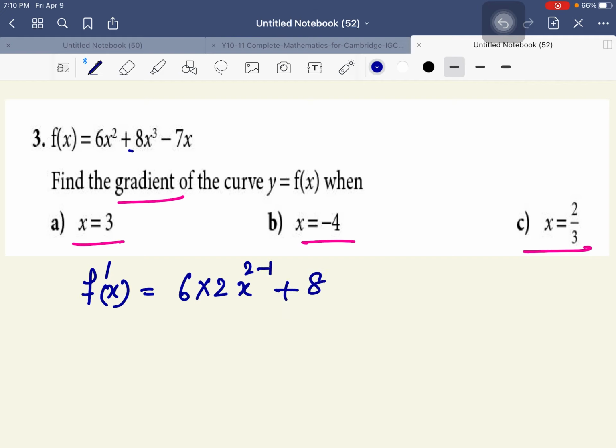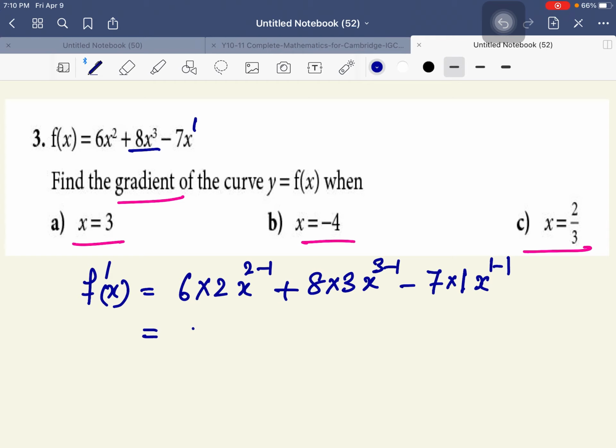Plus 8, the next term's coefficient, x^3. 3 comes in front, power reduced by 1, it is 3 minus 1. Minus 7, x^1. 1 comes in front and the power is reduced by 1, 1 minus 1.